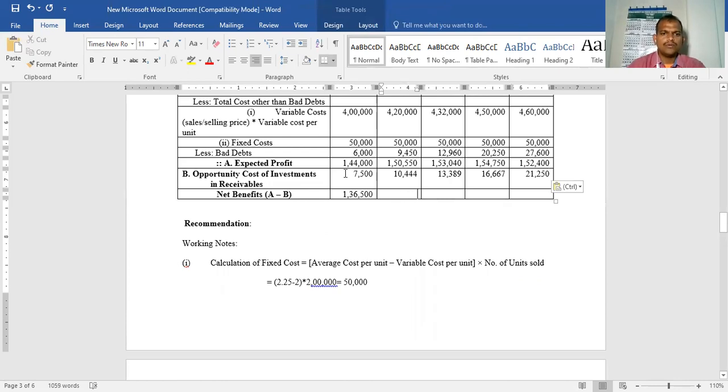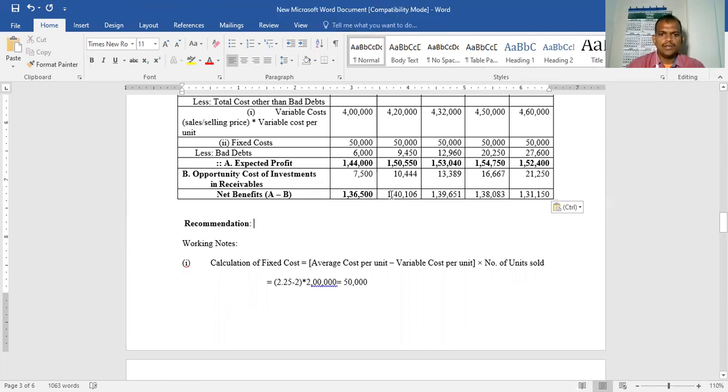So we have to deduct the opportunity cost from the expected profit: 1,40,106, 1,39,651, 1,38,083, and 1,31,150.